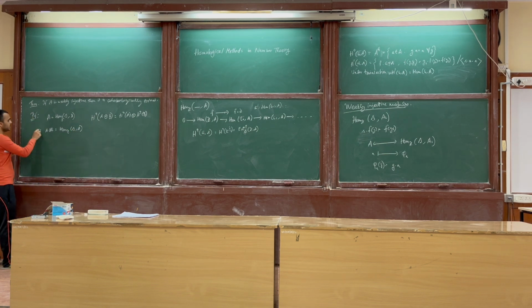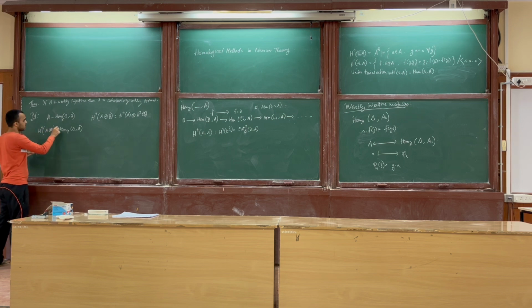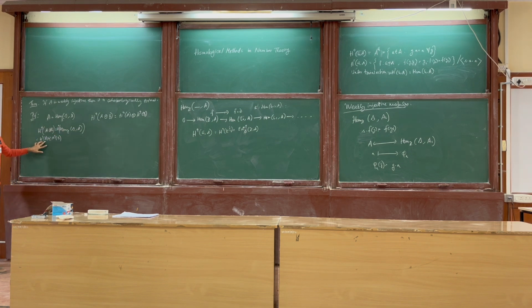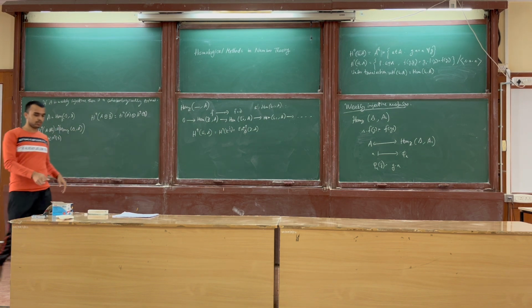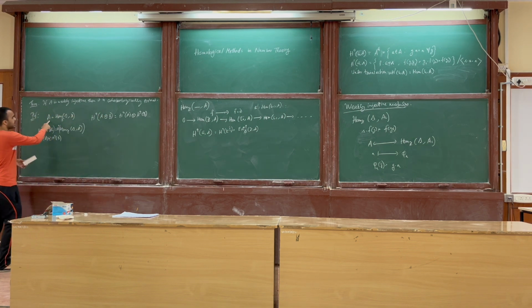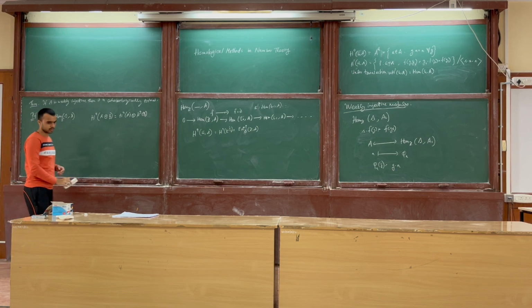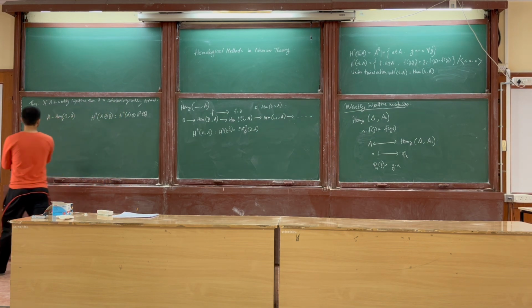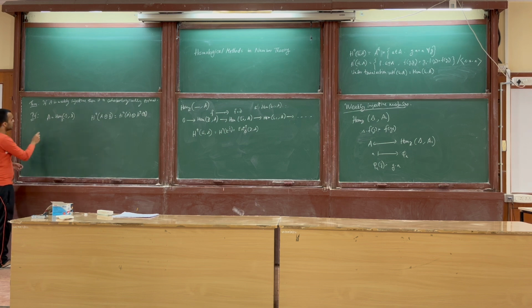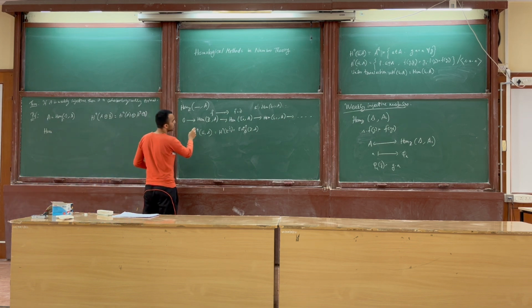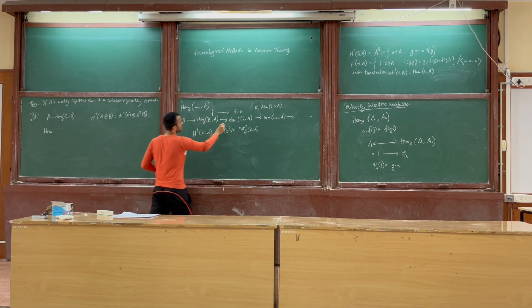If you take Ext cube here, this is split up, and if this is 0, this thing automatically has to be 0. So it is sufficient to assume A itself is of this form. So A is of this form, and I need to compute these groups.